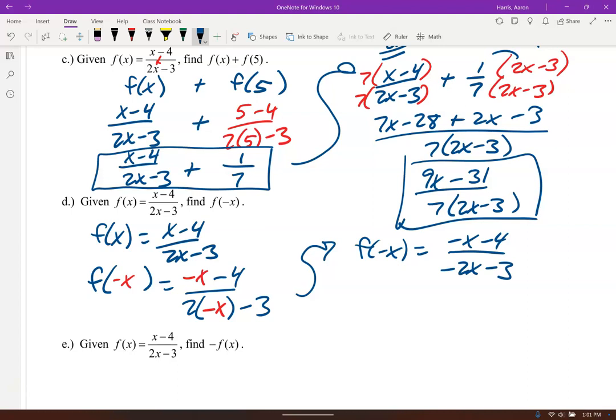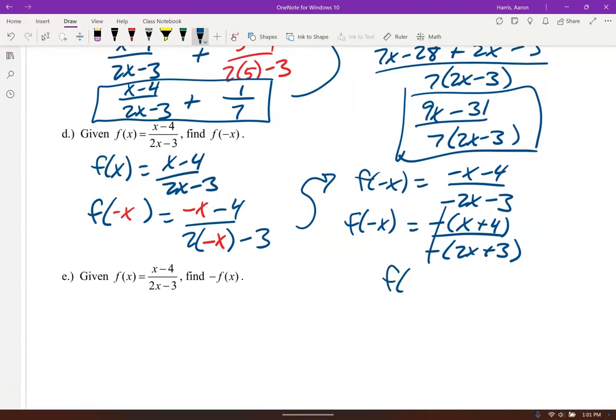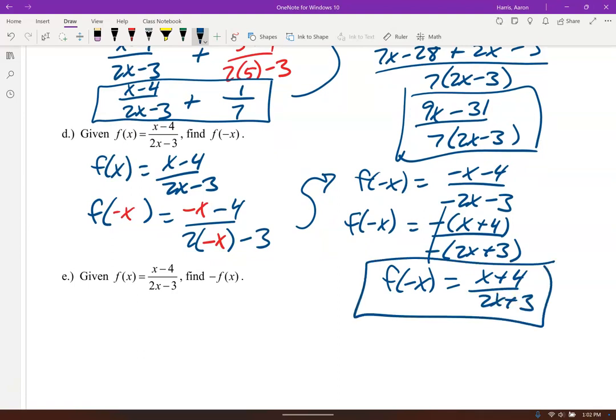This has so many negatives in it, I would clean that up a little bit. I would take a negative out of the top and a negative out of the bottom. See how the negatives cancel? And so f of negative x is x plus 4 over 2x plus 3. That's a little cleaner answer than the prior one.